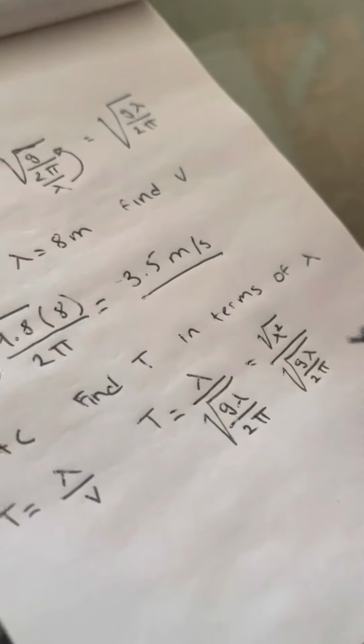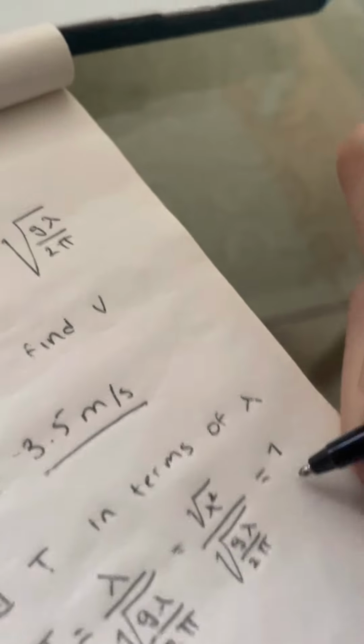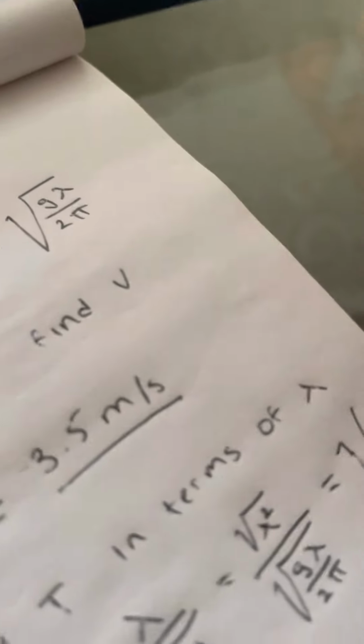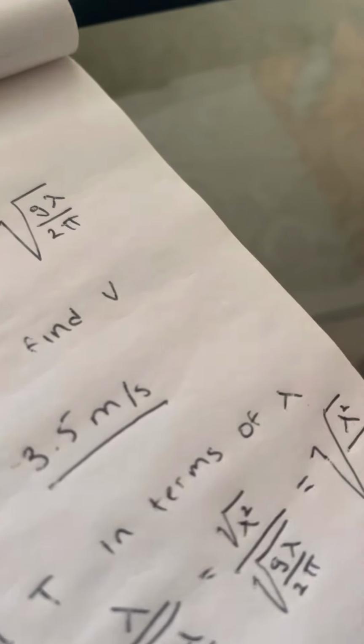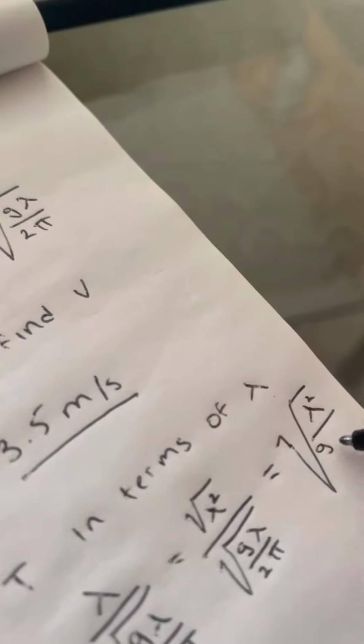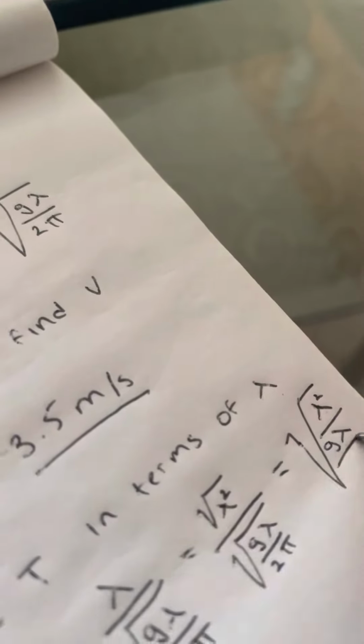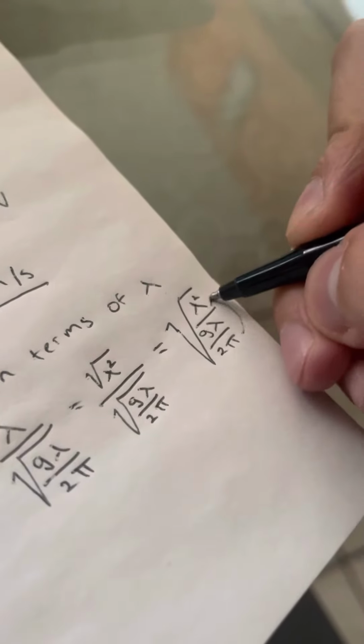Now, this can all go under one big square root, which would be lambda squared over gravity lambda over 2 pi. And in terms of algebra, 2 pi can be moved to the top since it's a double fraction.